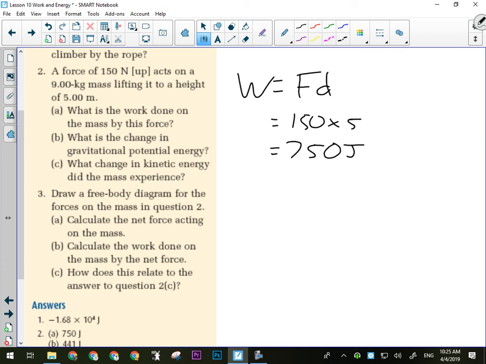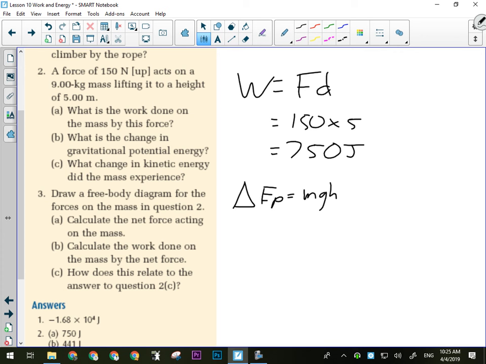Part B asks, what's the change in gravitational potential energy? Well, it probably wouldn't ask that if this was the answer. Agreed? Okay, probably not anyway. And if it did, we'd find out right away by calculating the change in gravitational potential energy. So the change in EP is going to be m times g times h final minus m times g times h initial.